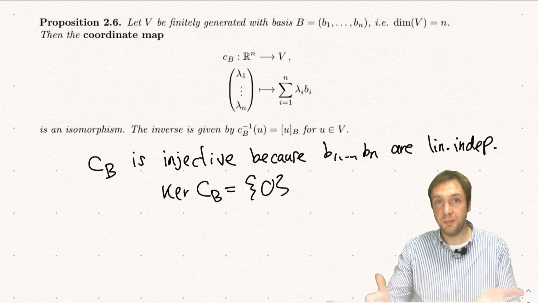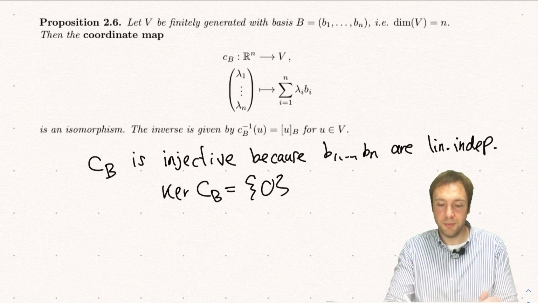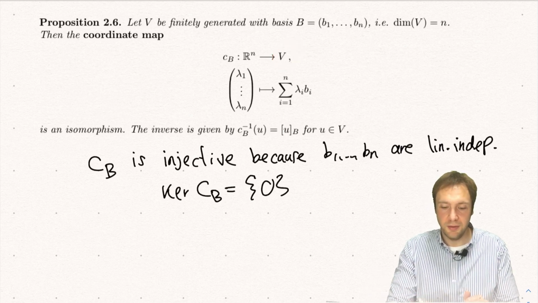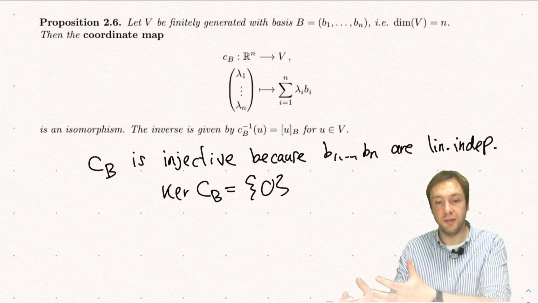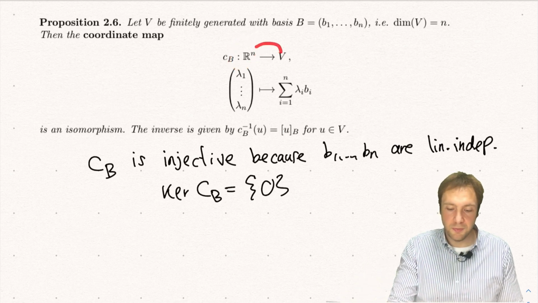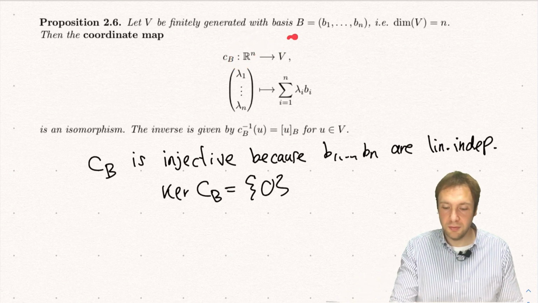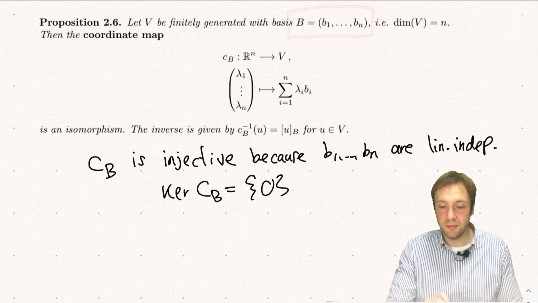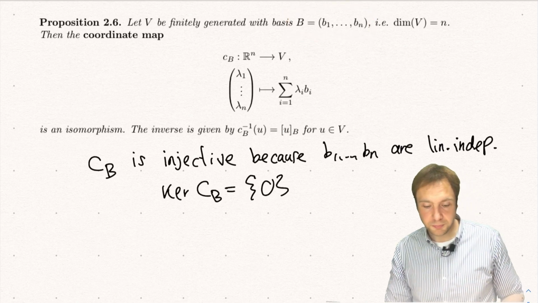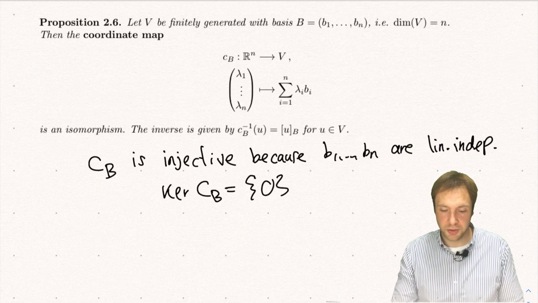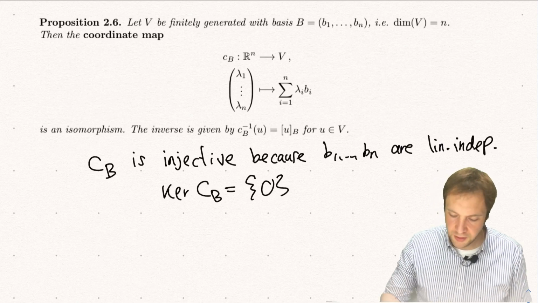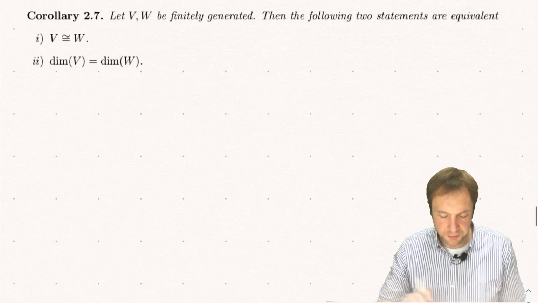And this will be the step how we go from a linear map on an arbitrary vector space back to matrices. But going this step from V to R^n always depends on the choice of our basis. And if we change the basis, then these matrices will also change, as we will see next time.